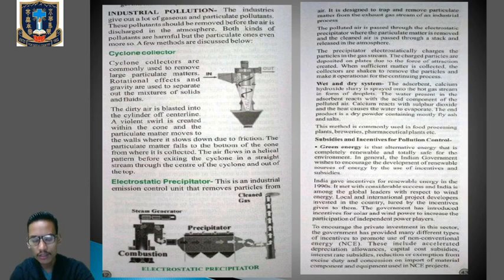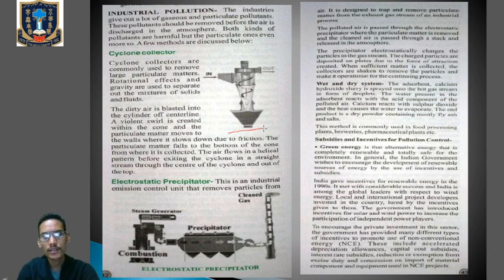You can see in the figure the diagram of a cyclone collector. The cyclone collector works on the principle of centrifugal force, because every device designed to control the emission of harmful pollutants is based on certain principles.